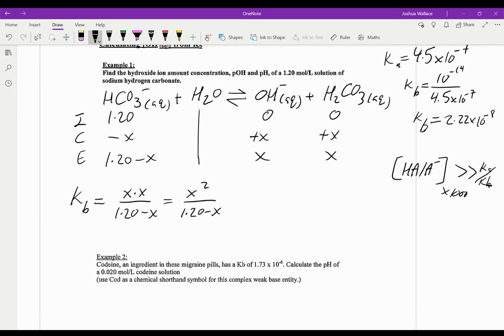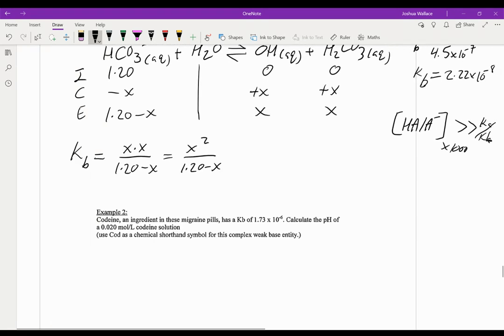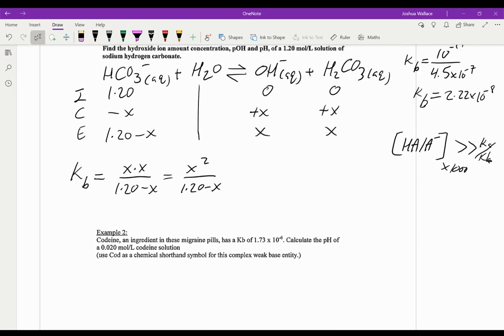And we have the math to do that, and a lot of the time we don't need to use it, about 98% of the time. The 2% of the time we do is when the concentration of our acid or our base is less than 1,000 times greater than our Ka or Kb. So I just simplify this here, cross the x out.